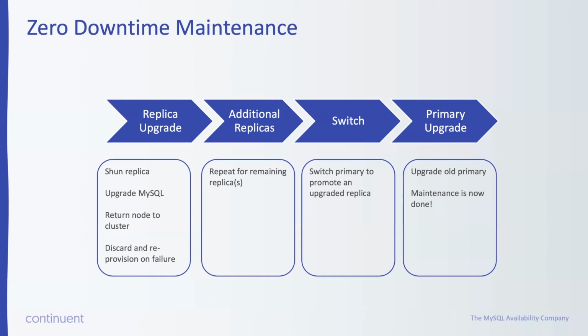So we do a command, we just do a switch. That promotes a replica to primary and the primary to a replica. So now on the old primary, we upgrade MySQL and we're all done. No downtime and application is up.